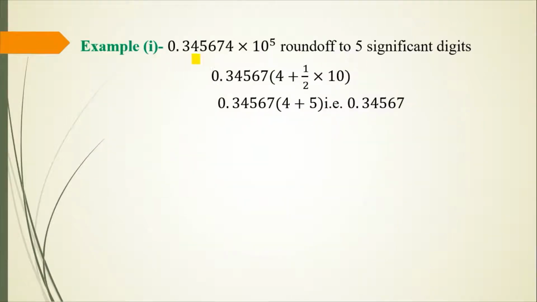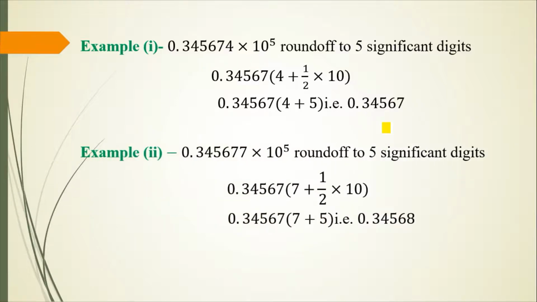Suppose you have to round up this number to 5 significant digits. Here the sixth digit is 4. According to the representation in the previous slide, we can represent this number in the following form. After calculation, you will get this number, that is, this is the number rounded to 5 significant digits. If you round up this number by applying the rounding rule, you will get the same number.